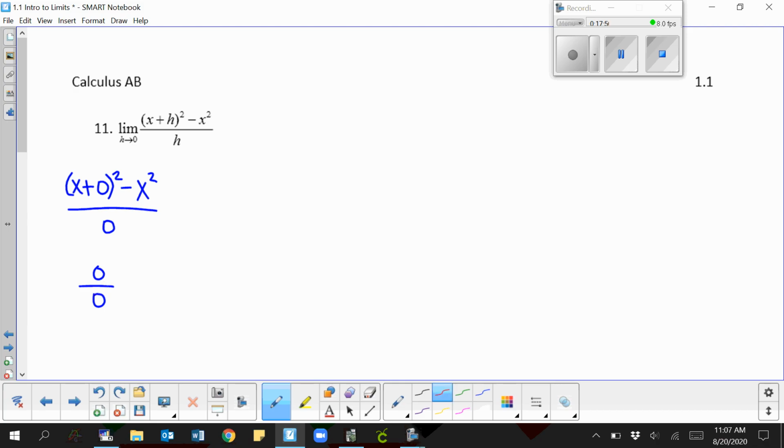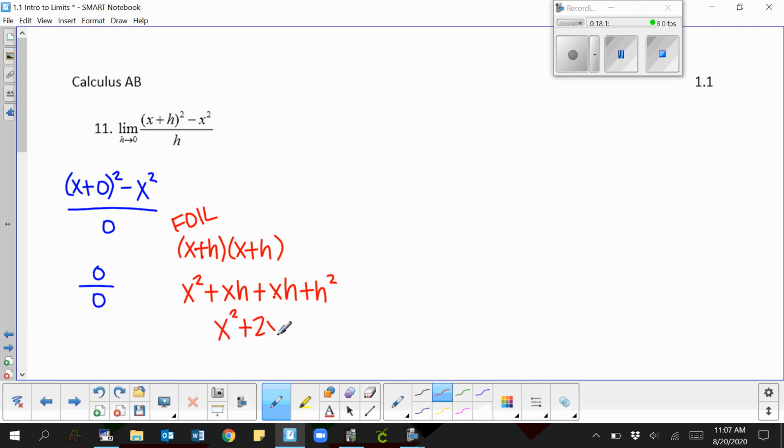So if I have an x plus h squared, that's the same thing as x plus h times x plus h. So when I FOIL that out, I get x squared plus xh plus xh plus h squared, or you're going to end up with x squared plus 2xh plus h squared.